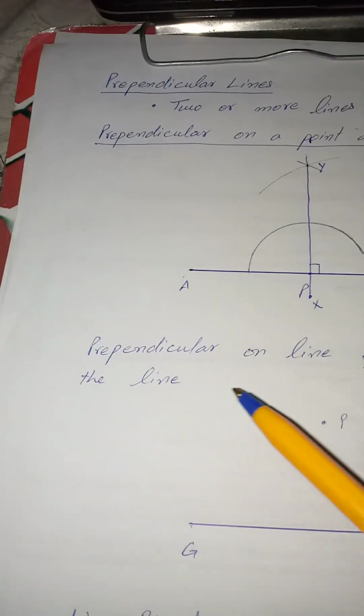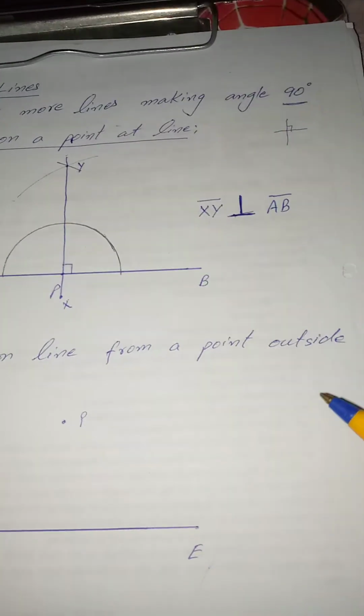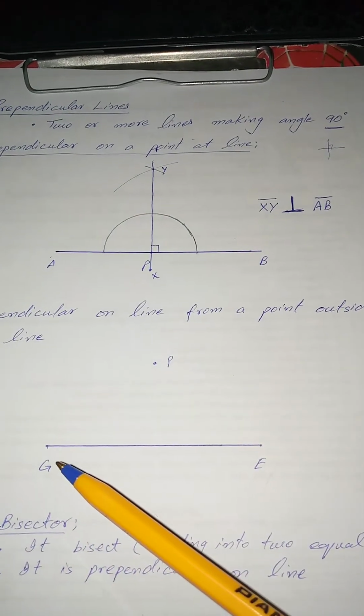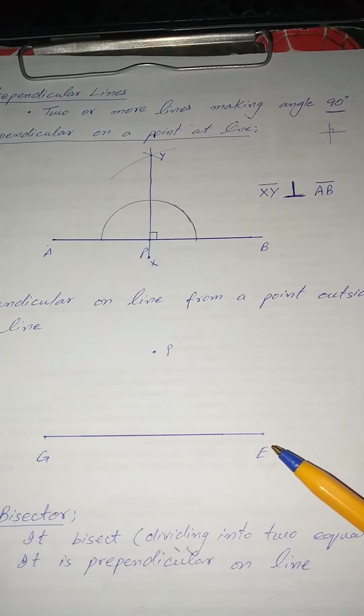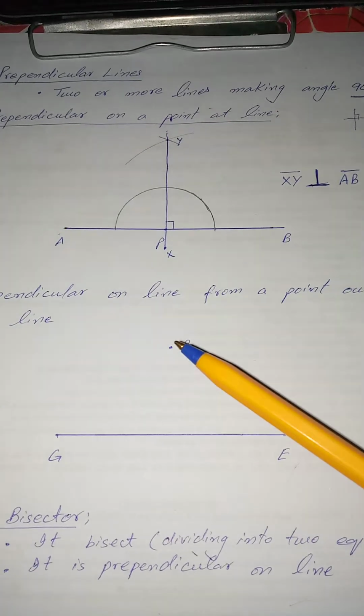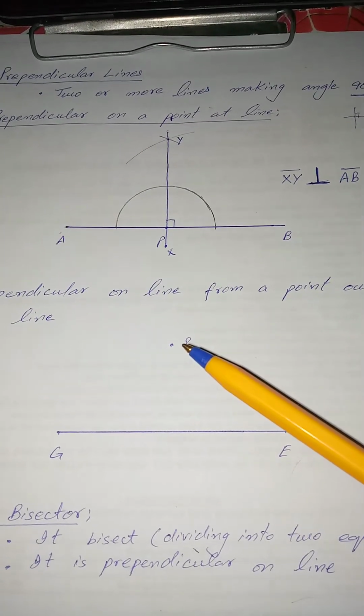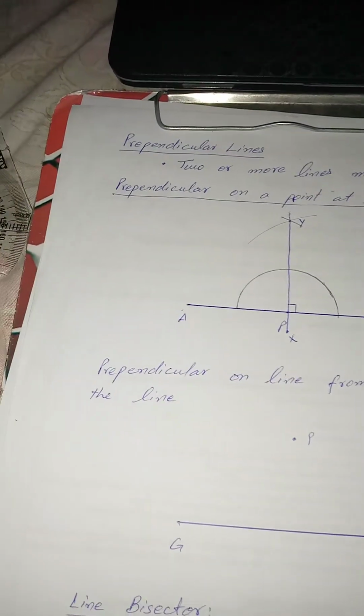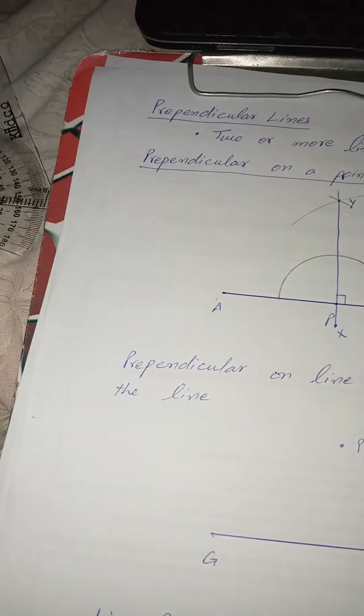And the next is drawing a perpendicular line from a point which is outside the line. For example, you can see that this line segment GE is given here, and there is a point P which is not on the line but outside it. It's very easy.